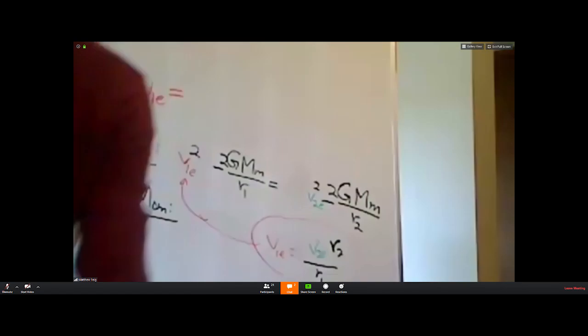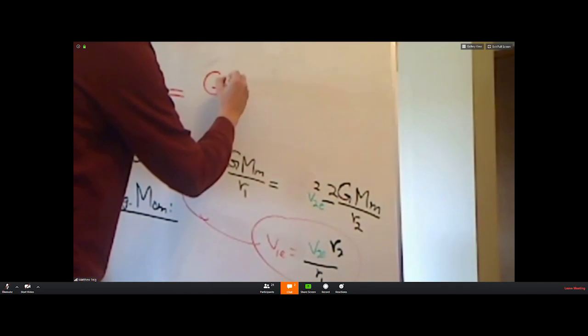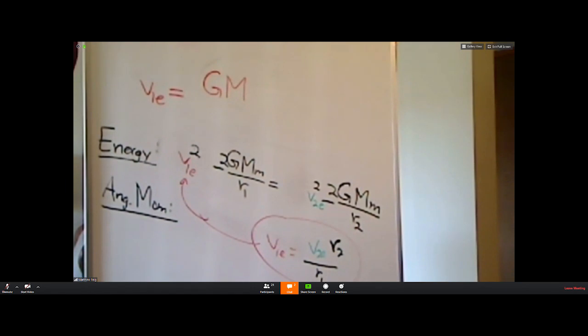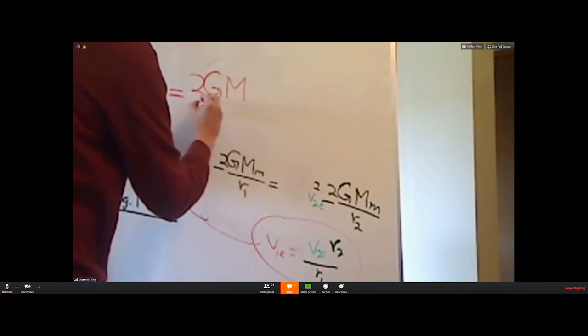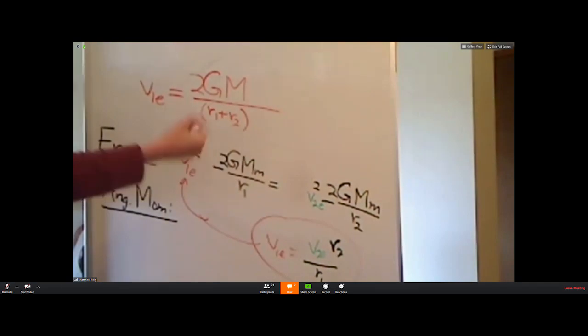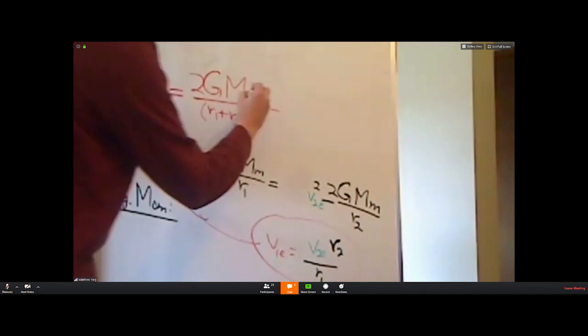V1E turns out to be GM, and then there's a 2, and then on top and on the bottom you have R1 plus R2. If you do the algebra, you get a little bit of common denominator stuff going on, and that appears. And then in the numerator, we have R2, and in the denominator, R1.